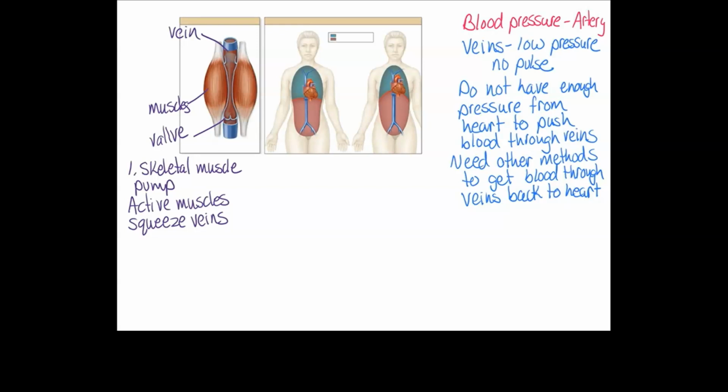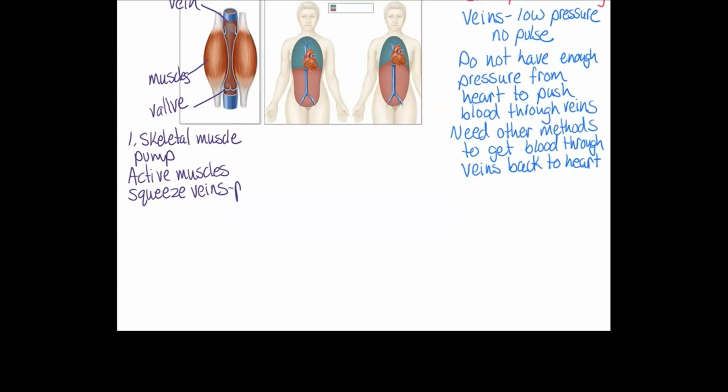So when the muscles squeeze the veins, this pushes the blood, and the valves will only open toward the heart. So the blood has to move this direction. It can move up through the open valves. It can't move back down because the valves won't open that way.